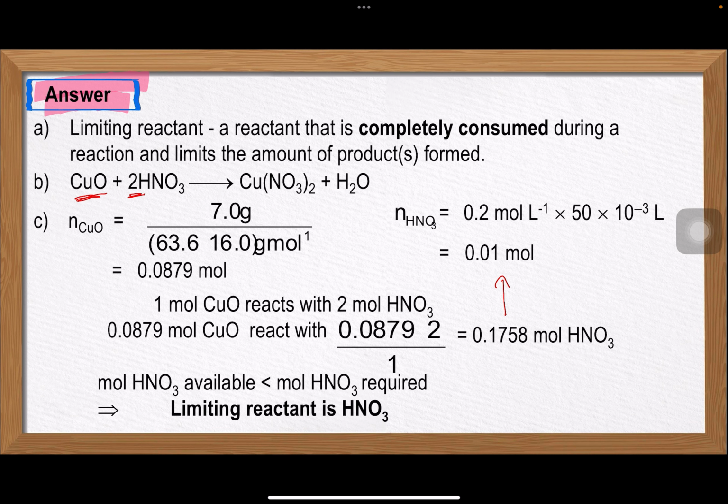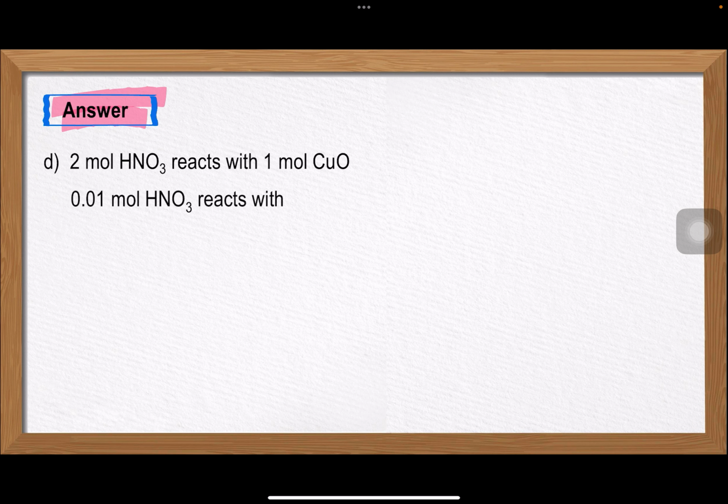What is the mass of excess reactant after the reaction? How much copper oxide is in excess after the reaction? After all the nitric acid becomes product, how much copper oxide is left on the reactant side? So we must know how much copper oxide reacts with nitric acid. Nitric acid is 2 mole and copper oxide is 1 mole, from the equation. The available nitric acid is 0.01 mole. What is the mole of copper oxide that reacts with 0.01 mole nitric acid?